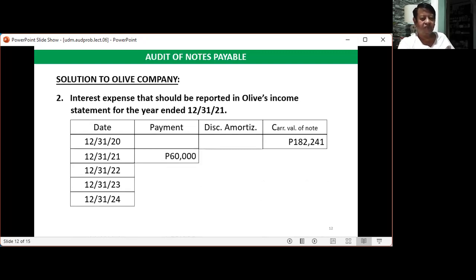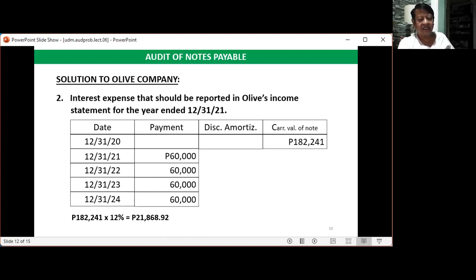And then we have an annual installment payment of 60,000 pesos. So that will be the annual payment. For the discount amortization, we will multiply the carrying value of 182,241 by 12%. So the discount amortization is 21,868.92. So we will place that amount in this column of discount amortization.